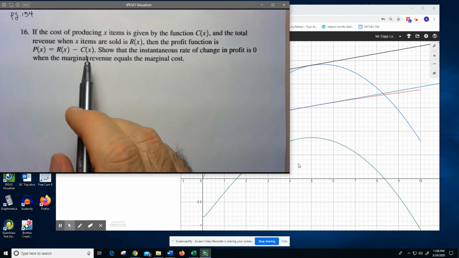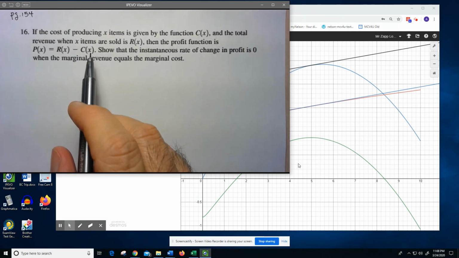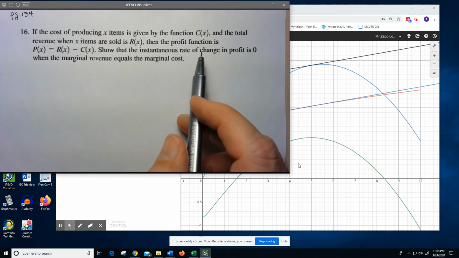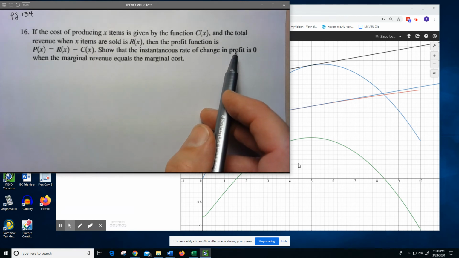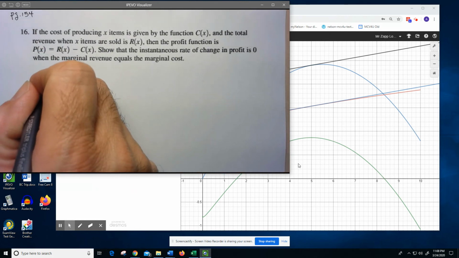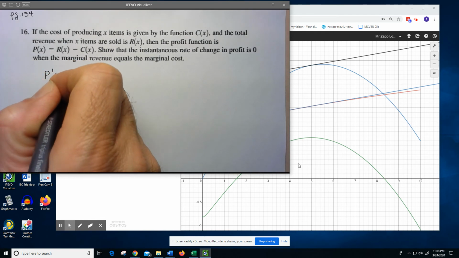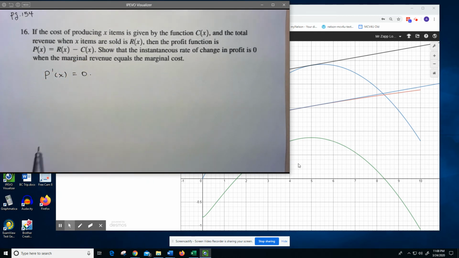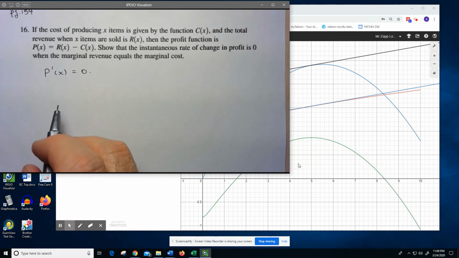All right, so we want to show that the instantaneous rate of change of profit, in other words, the derivative of the profit function, is equal to 0. Now, of course, you remember that finding where this is equal to 0 will help us find the optimal values.